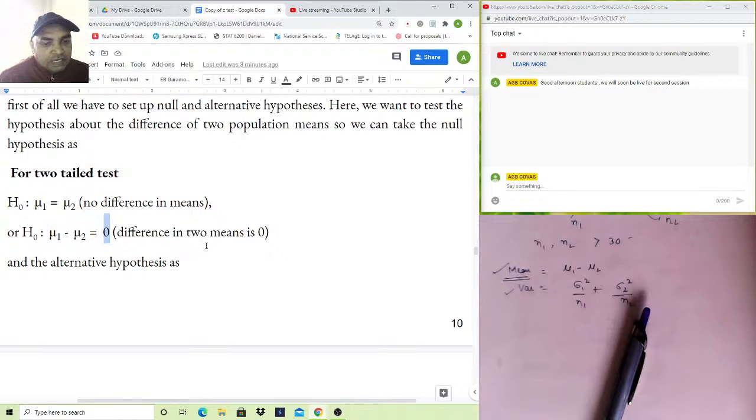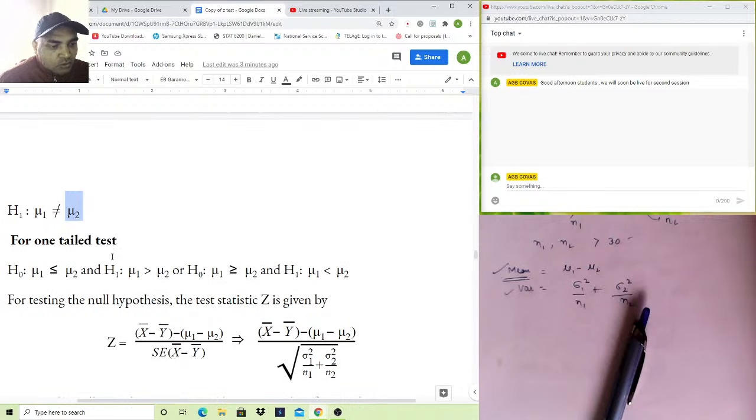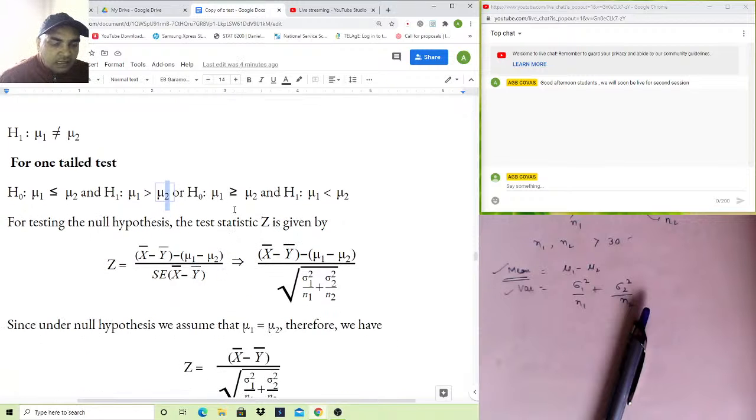Then the alternative hypothesis is that the population mean of population 1 is not equal to that of population 2. There may be one-tailed cases: the null hypothesis that mu1 is less than or equal to mu2, whose alternative is that the mean of the first population is greater than that of population 2. Similarly, for the other tail, the null hypothesis is that mu1 is greater than or equal to mu2, and the alternative becomes that mu1 is less than mu2.